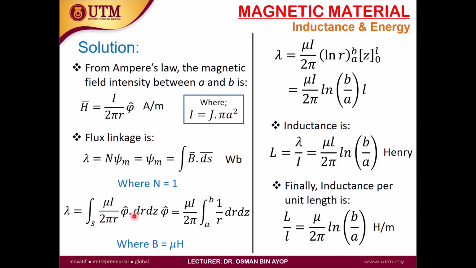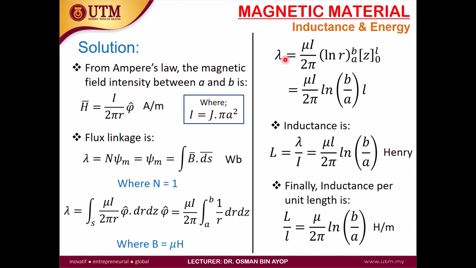When you do the dot product, it will cancel out, and then you get mu I divided by 2 pi, and the limit is from a to b of 1 over r dr dz. So the z is basically from 0 to L. You have to put z between 0 and L.